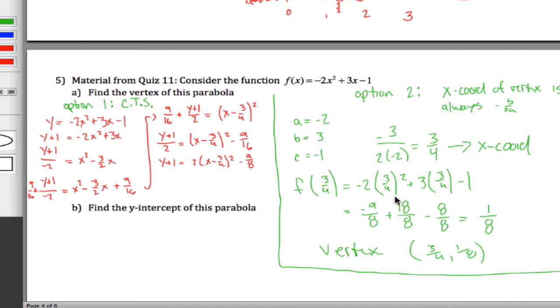Maybe it's over here I messed up. 3/4 squared is 9/16. This looks right. Maybe I'll just continue with what I'm doing here. If I subtract 1 from both sides, I get y equals 2 times x minus 3/4 squared minus 17/8, which is not good.